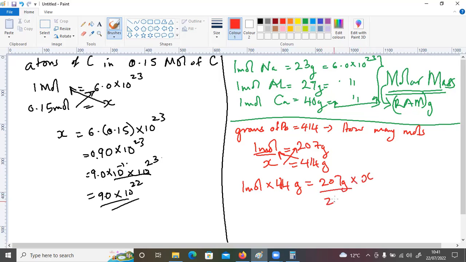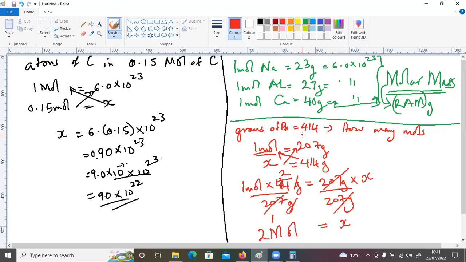I divide by 207 grams because I'm in the process of making x the subject of the formula. I divide the other side by the same 207. So grams and grams cancel out, 207 by 207, and 414 divided by 207, the answer becomes 2 moles is equal to x.